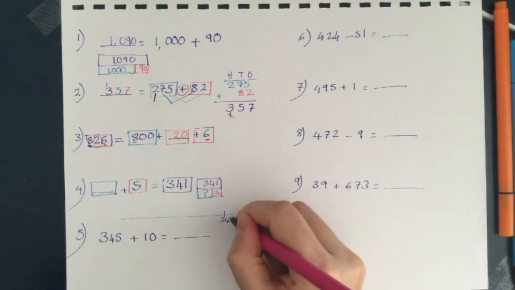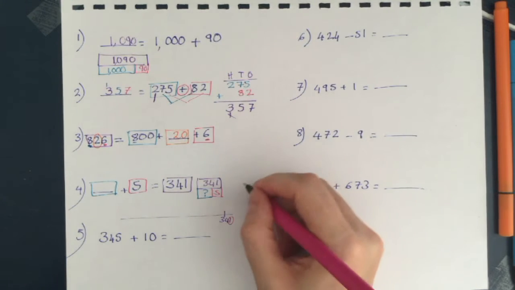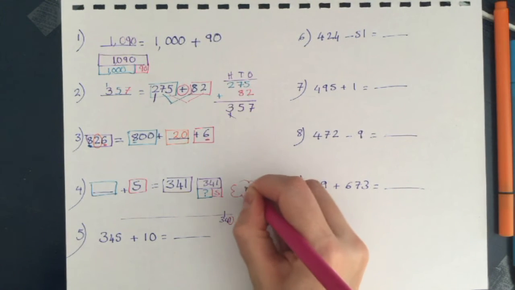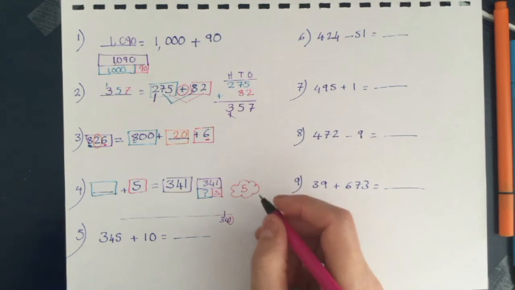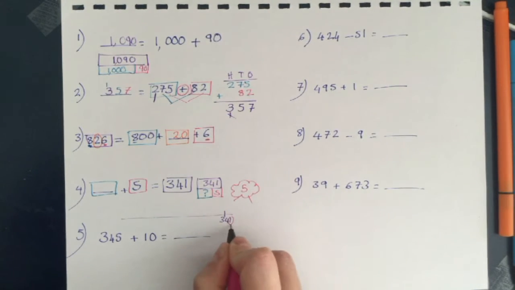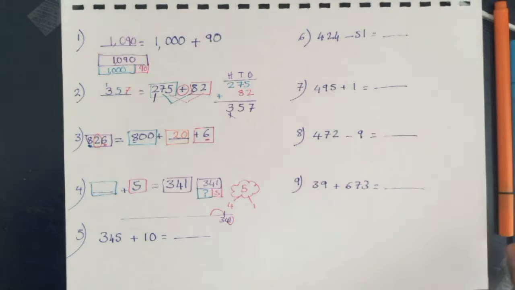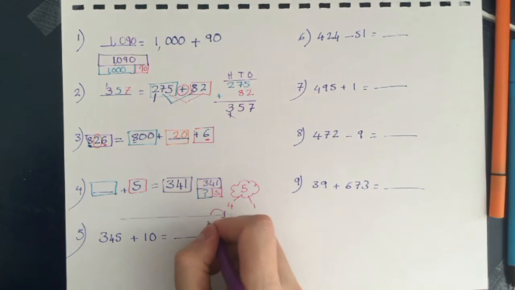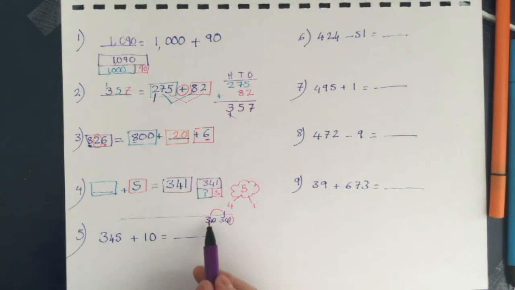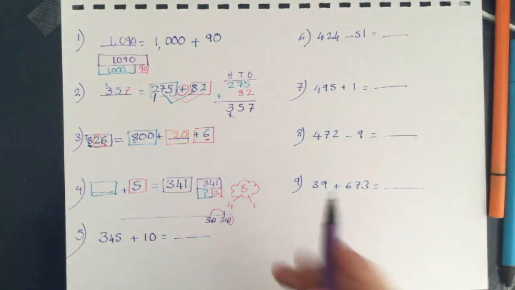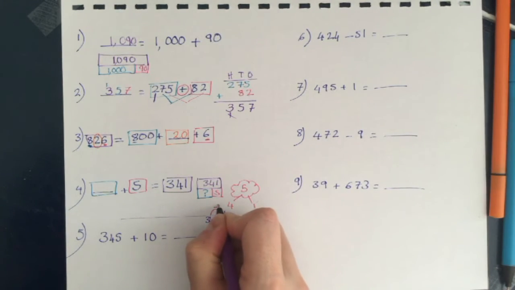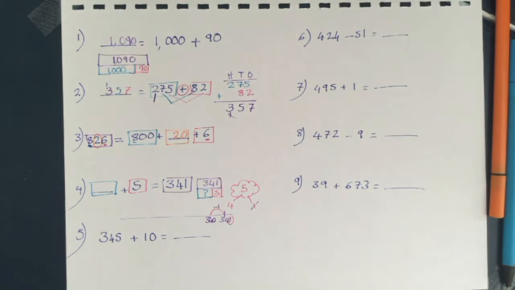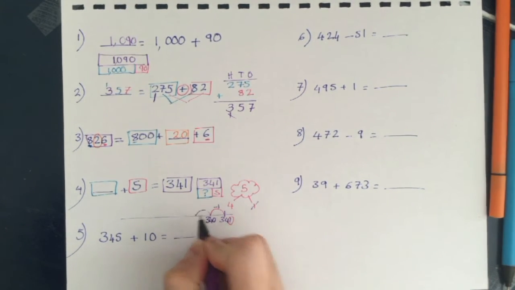And here, you could, in your head, partition 5 into this one that you have to take away and 4. So you could do a jump of 1 that would take you to 340, and then a jump of 4 back. Okay, so here, just to remember, we have done take away 1. That's the one we took away, and then we need to jump back 4. So 340.